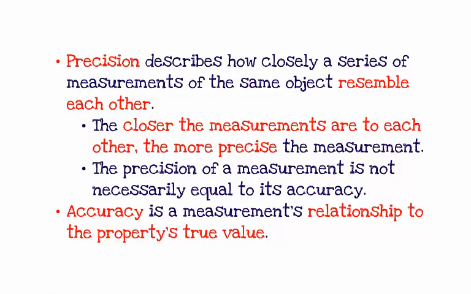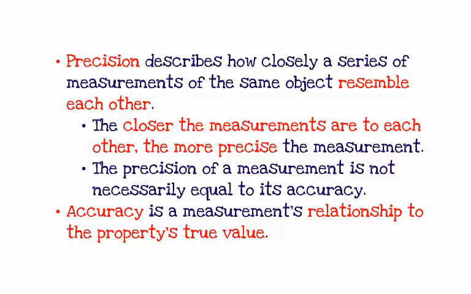So to give you a working definition, precision describes how closely a series of measurements of the same object resemble each other. So in science, we do a lot of trials, right? And so we want those trials to be relatively close together.